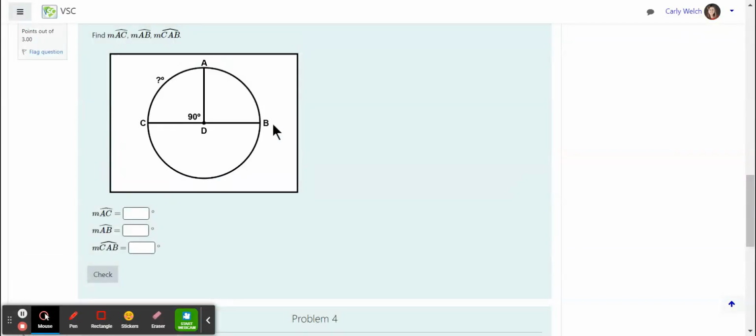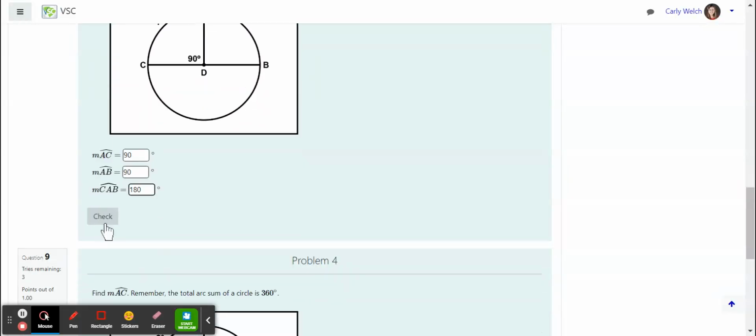For this one, AC would be 90. For AB, because this is half the circle, these two would have to add up to 180. So 180 minus 90 is 90, and then add them together, and you get 180.